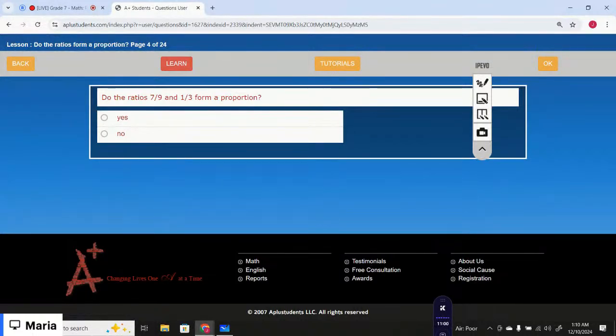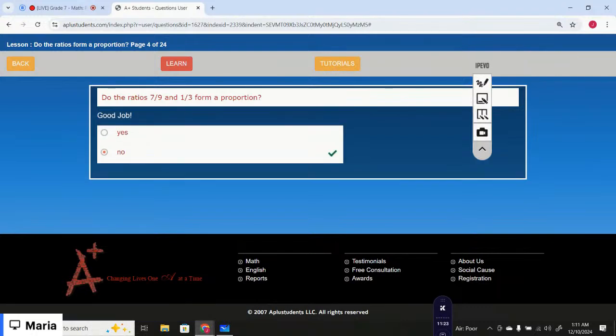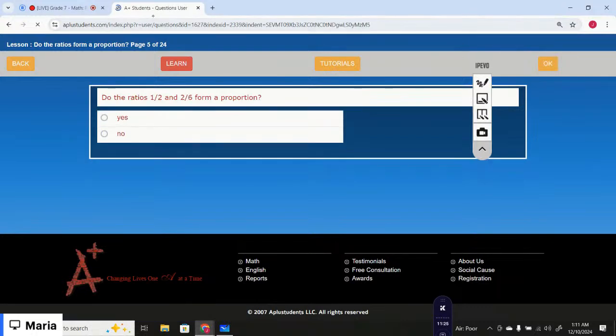Do the ratios 7 by 9 and 1 by 3 form a proportion? Which is the correct option? No, they are not equivalent, right? The correct option is no. Do the ratios 1 by 2 and 2 by 6 form a proportion?